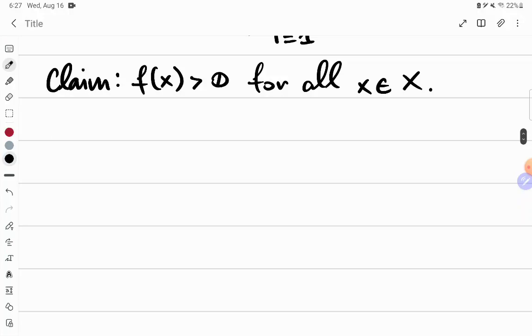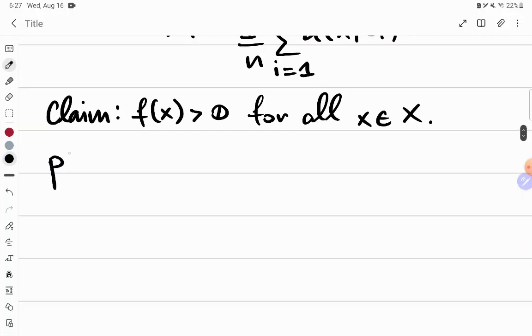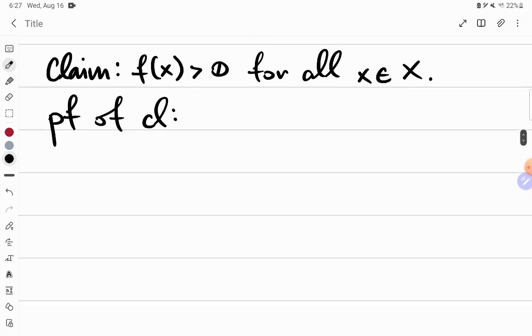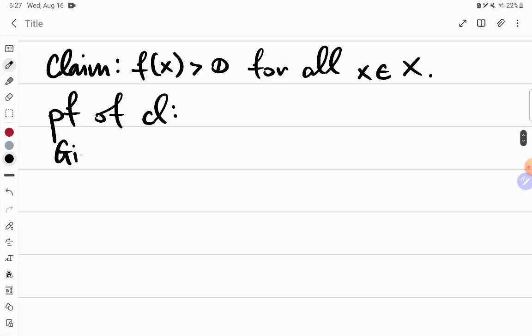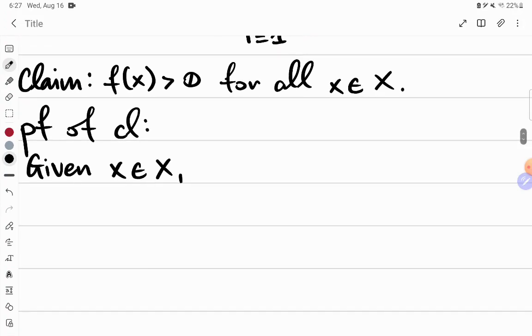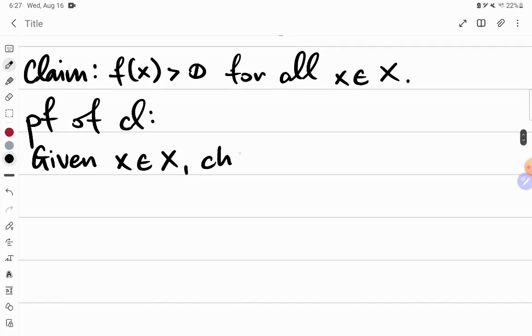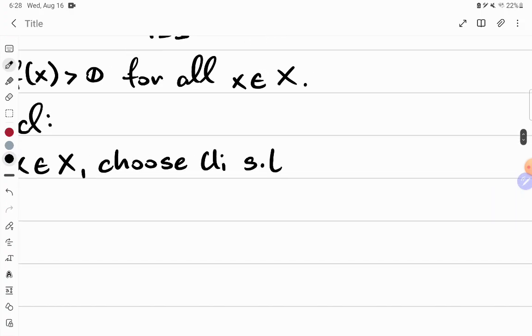Proof of the claim. Given x in X, choose some element Ui of the open cover such that x is contained in it.